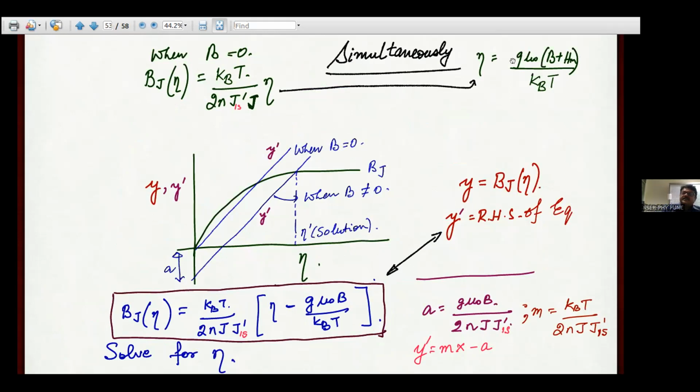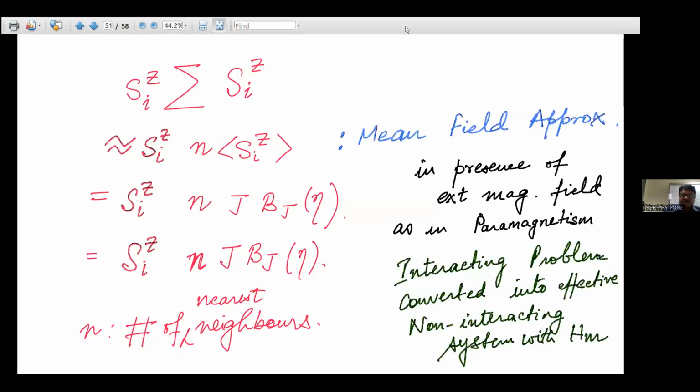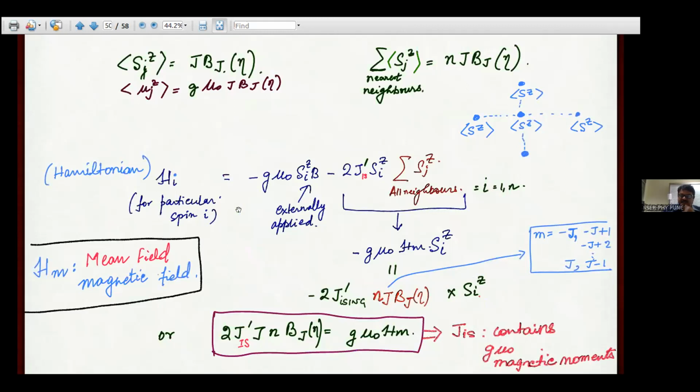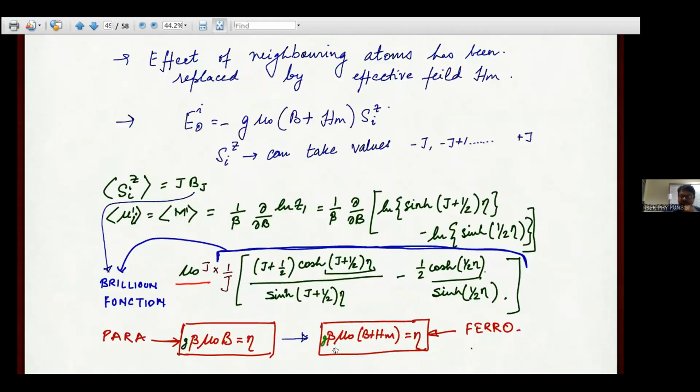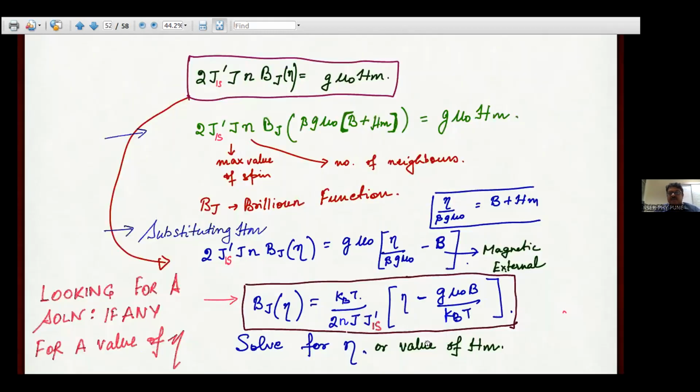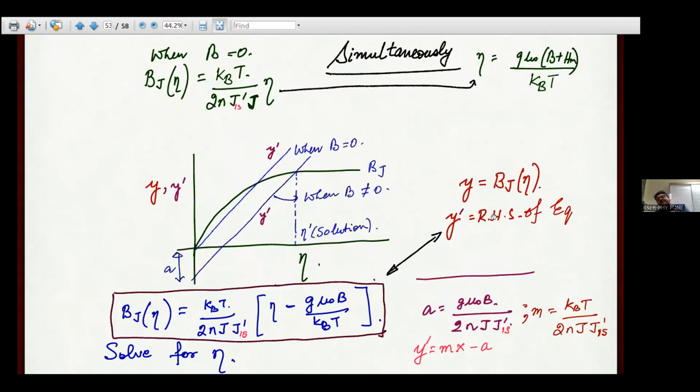And eta simultaneously, from its definition, we can also write as eta equal to g mu 0 (B plus HM) by kBT. And of course, if B is 0, then you have g mu 0 HM by kBT. Now, how do we solve for it? So what we do is plot the left hand side of the equation. Let's call that y.